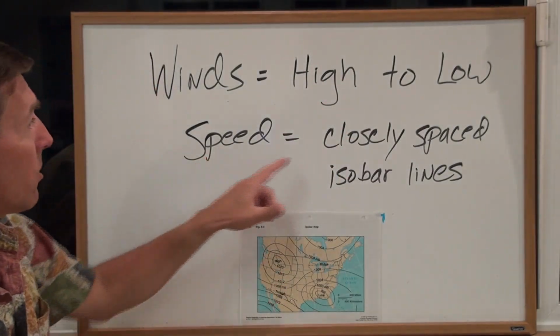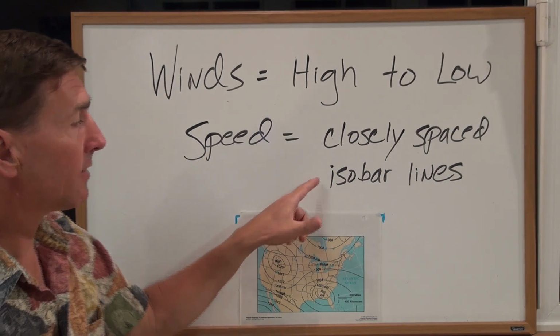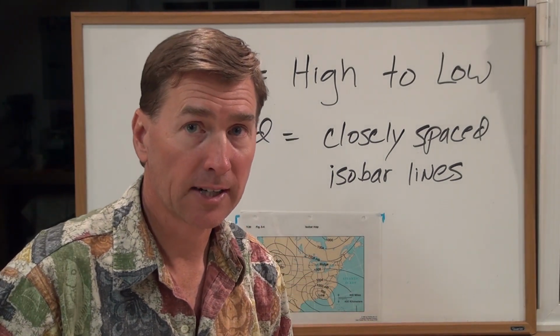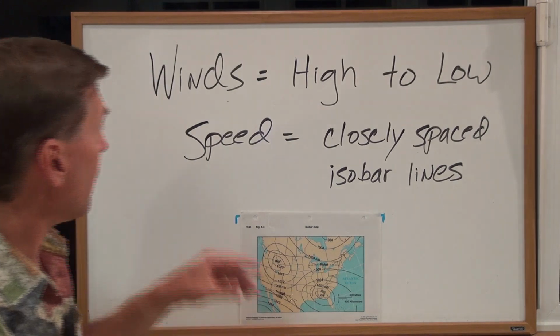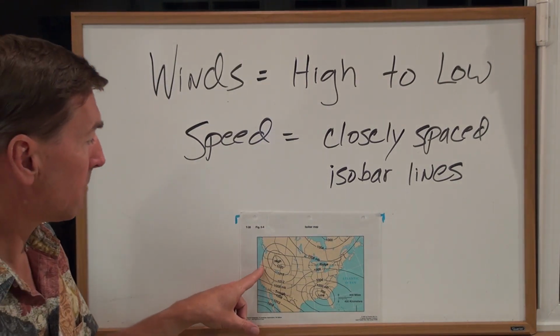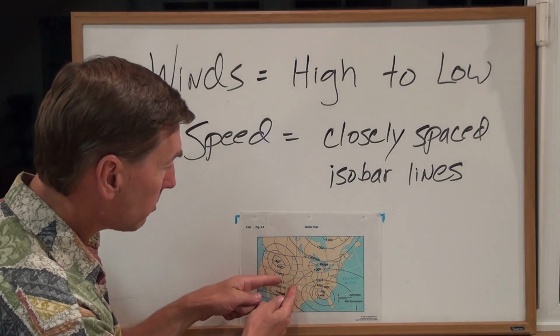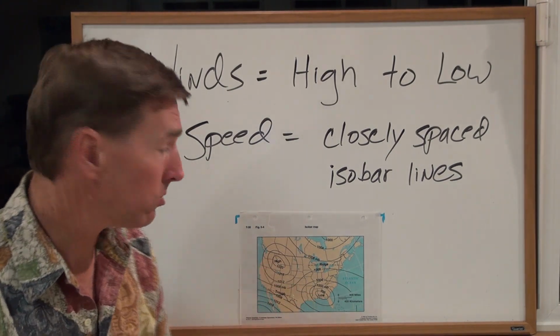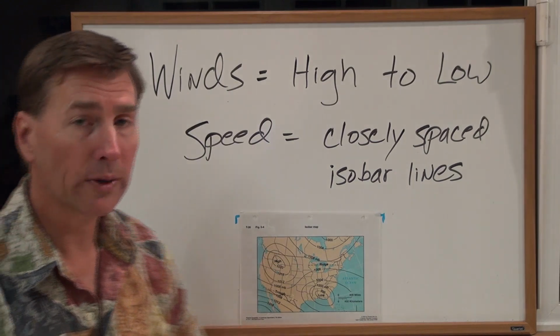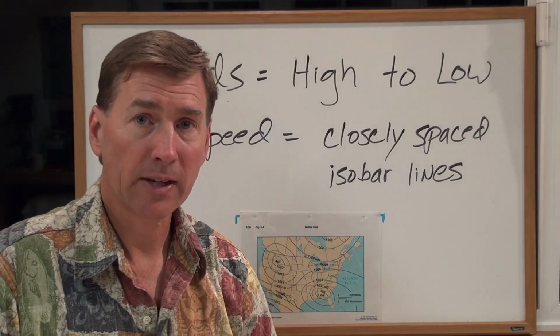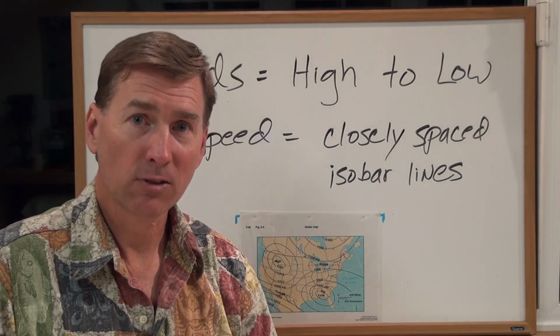If we have closely spaced isobar lines, that is a steep pressure gradient. Okay, and that means that the winds, taking a look at this map, would blow from a high to a low. If these lines were closely spaced together, like I just showed you, we would have a stronger wind, and we know the direction of the wind, and that does it for isobar lines.